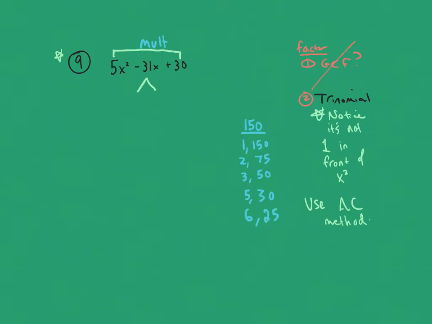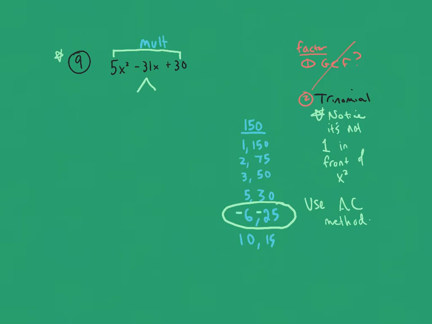Doesn't work out. 150 divided by 8. 150 divided by 9. 150 divided by 10. And then you can do 11, 12, 13, 14, and then back up to 15. We do have a pair that can add to negative 31, the 6 and 25, if they're both negative.